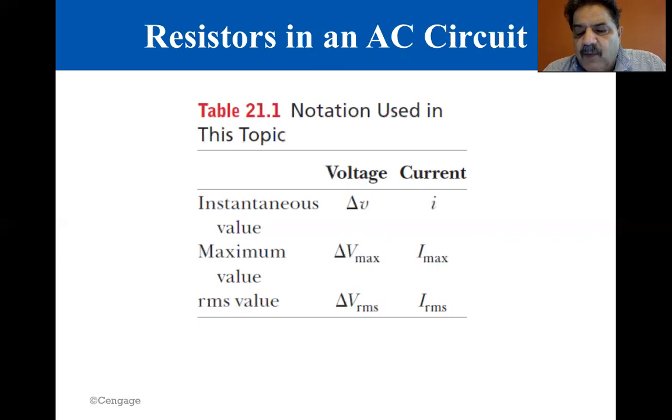The table here summarizes the notations used in this topic. We have the instantaneous values, that's the small i and the small v. Maximum values are V max and I max. Rms values are capital V and capital I, but with the rms subscript underneath them. The rms, again, meaning root mean square.